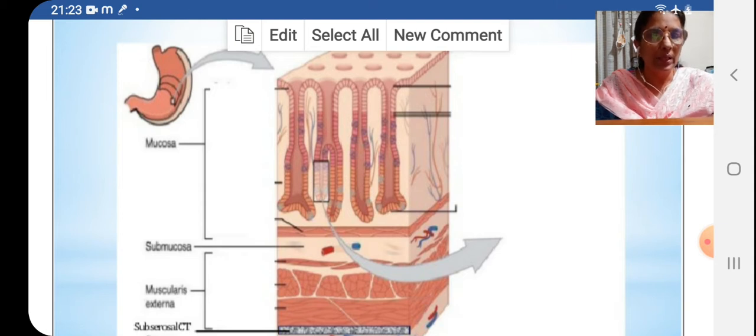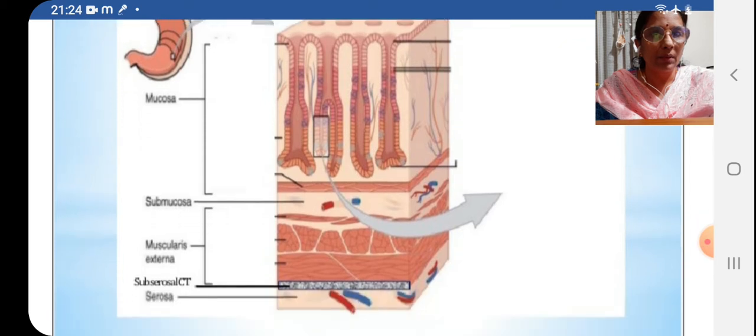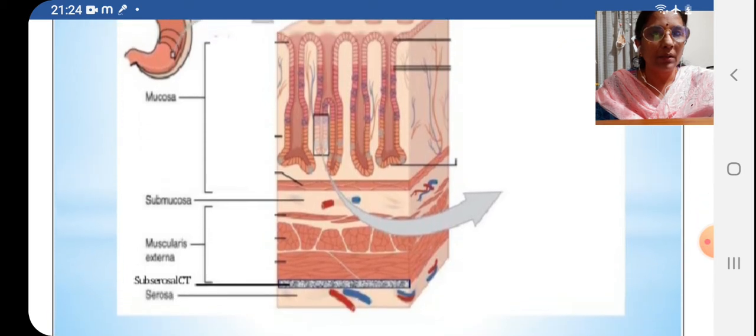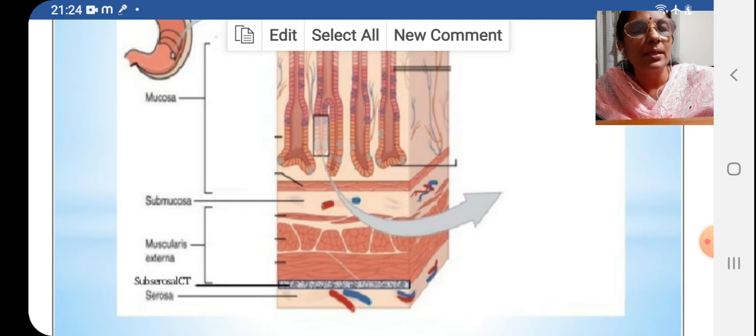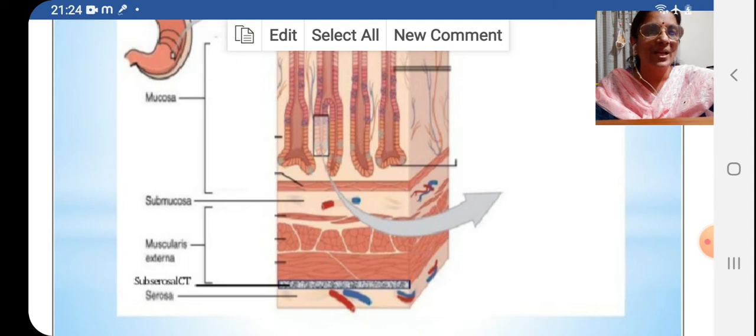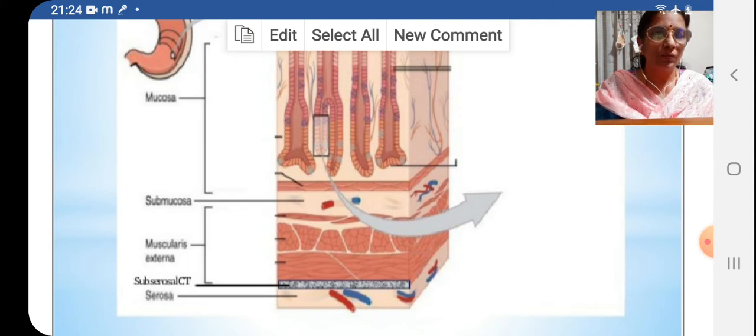That is a small layer of muscle, the muscularis mucosa. So mucosa, submucosa. The other one is the muscularis externa, which is the big, thick layer.